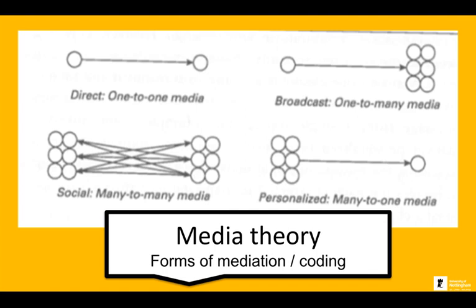and audience members. So you're no longer broadcasting en masse to a big group of people, but on digital media platforms you can broadcast en masse to individual people. So you have many senders sending one message to individual consumers. Like I say, it's much rarer to see in practice than many-to-one mediation.